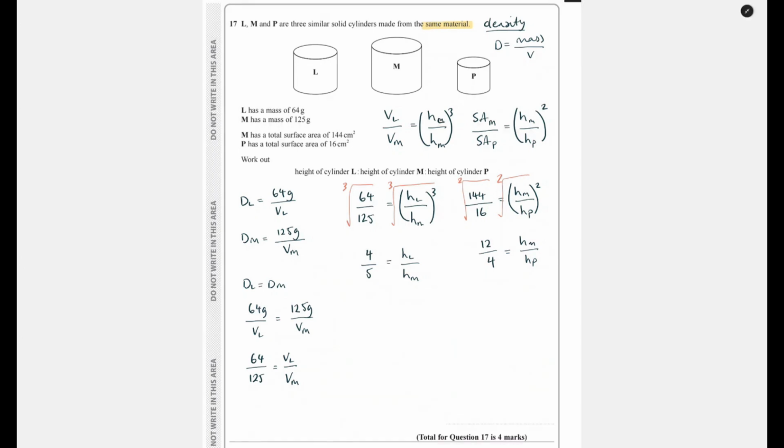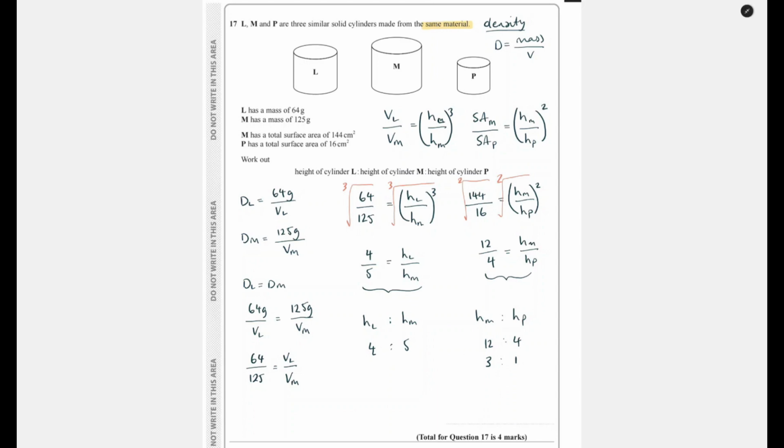So now we're going to write out these ratios and then try to combine them. Looking at this ratio here, we know that the height L to height M is 4 to 5. And looking at these two, we have the height M to height P is 12 to 4. Now this can be simplified to 3 to 1 if we divide both sides by 4.